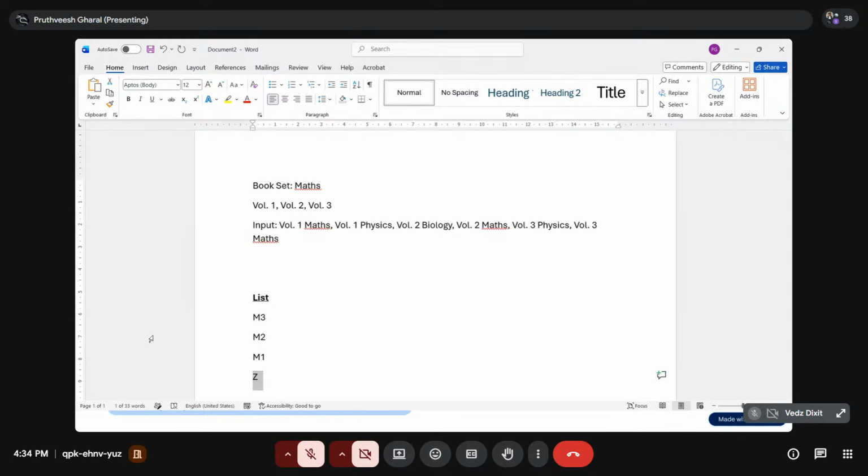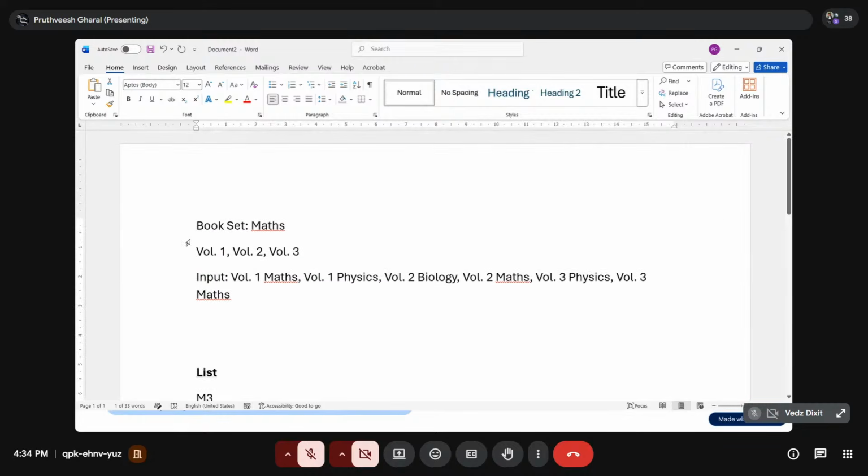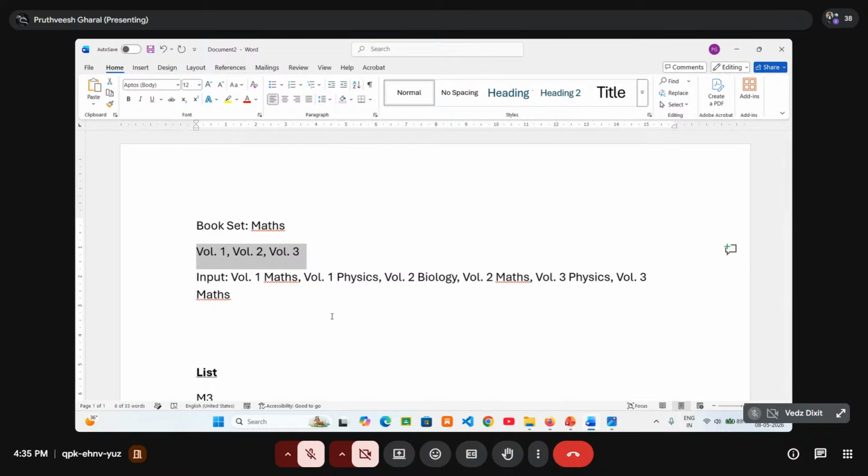You have been given the task of finding whether, for a given book set, all of the volumes exist or not. The book sets are not properly arranged, so you arrange them sequentially and you start to read their names one by one.